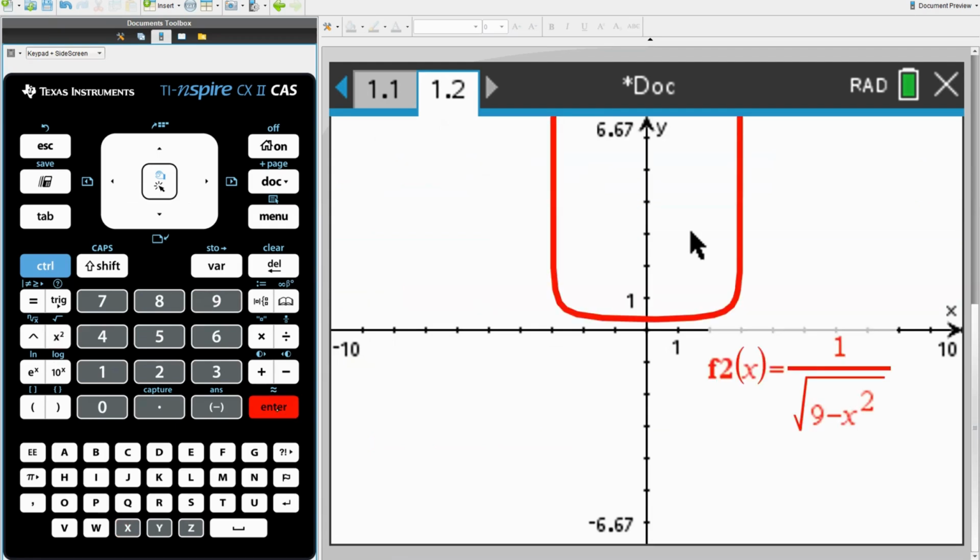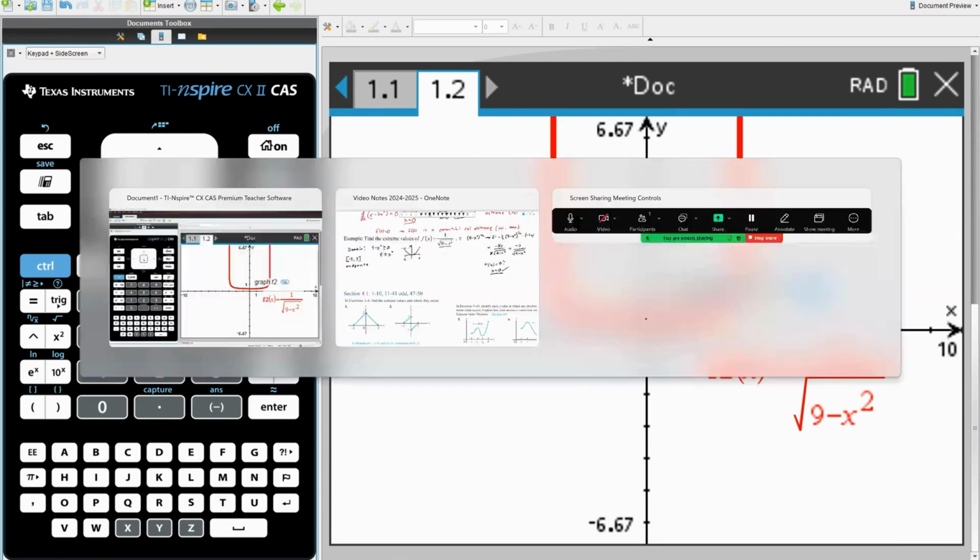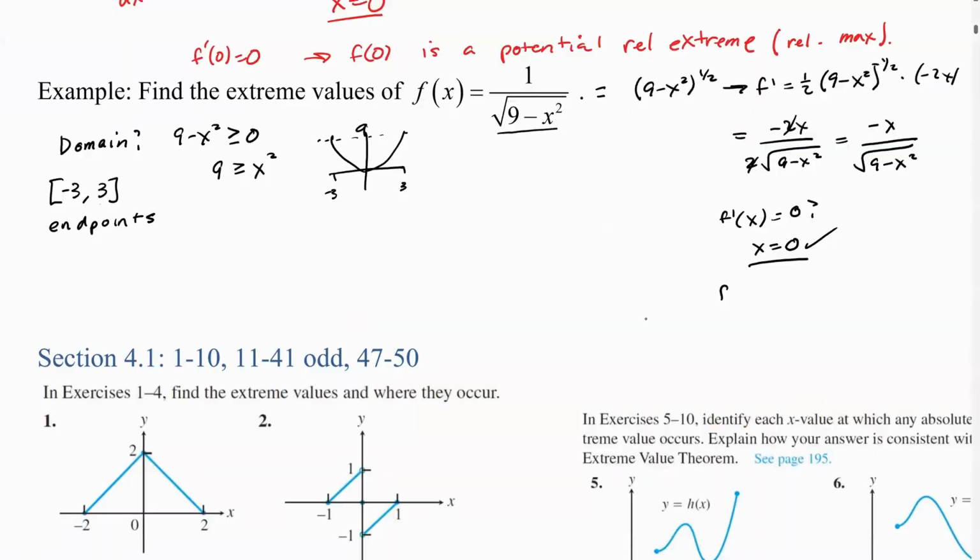I'm going to hit enter. And what do we see? Well, it looks like at 0 we have a relative minimum. So f of 0 is a relative minimum. At least it looks that way on the graph.